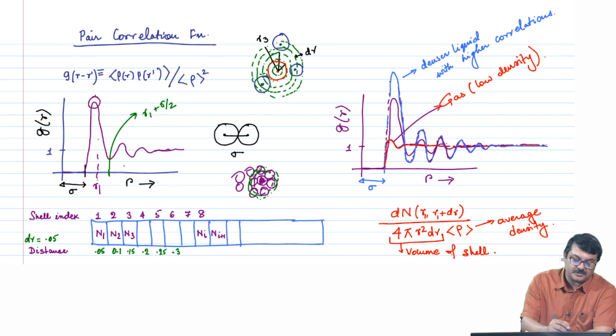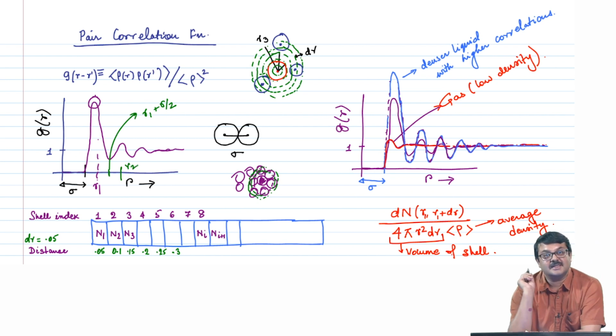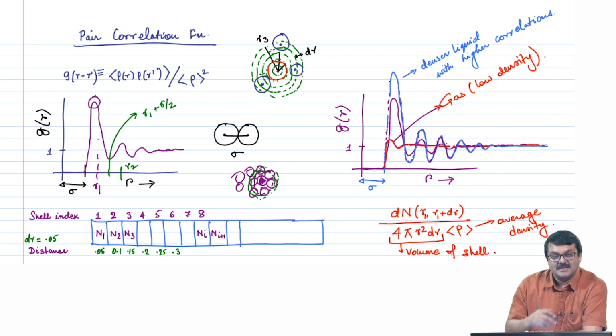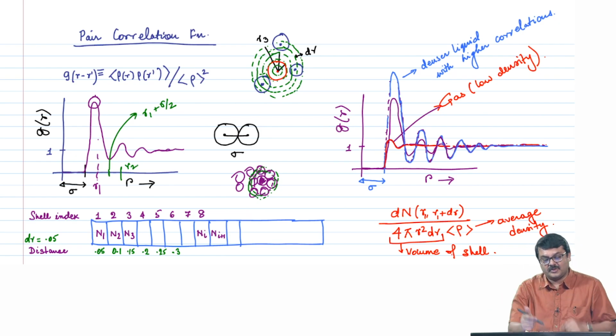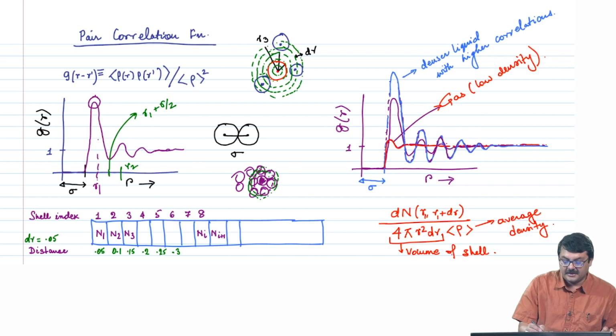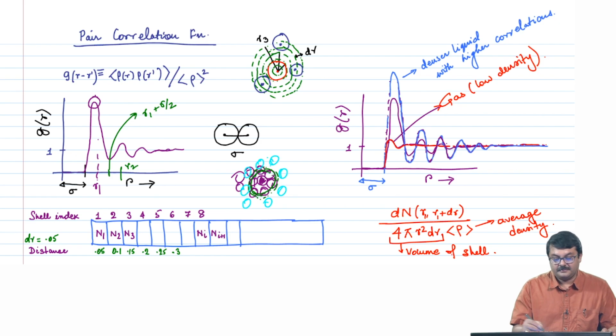But at the position of r2 suppose, which is the second neighbor shell, which is basically the second range of neighbors. So, this is your first range of neighbors, and you would have more neighbors somewhere sitting here, right. So, which is the second range of neighbors.